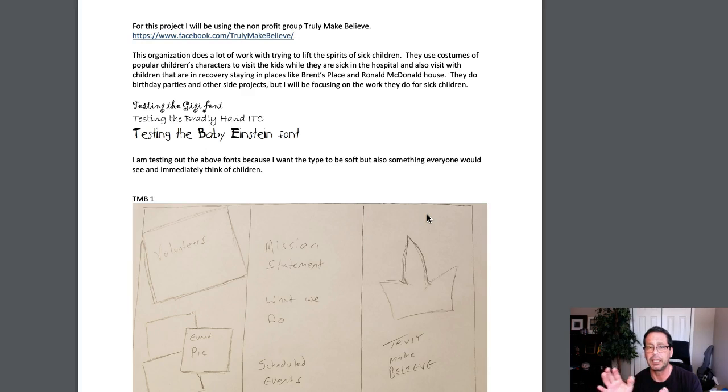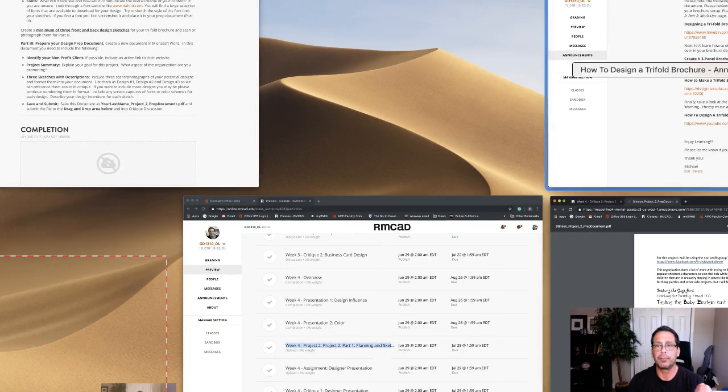I would have liked to have seen you post this earlier in the week. That way you could have taken this critique information and applied it to your final submission for this assignment. Do you see what I'm saying?